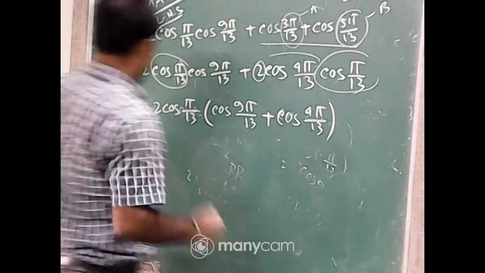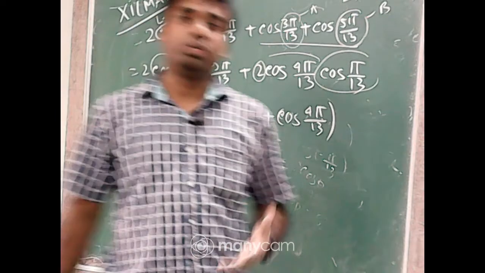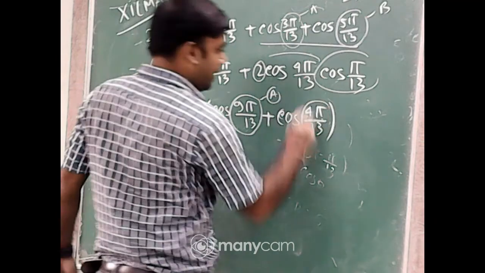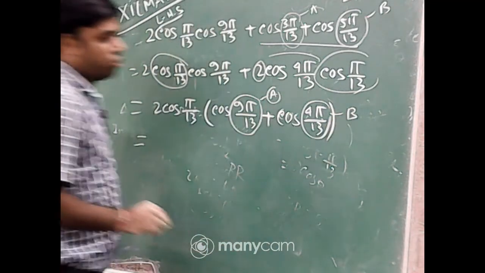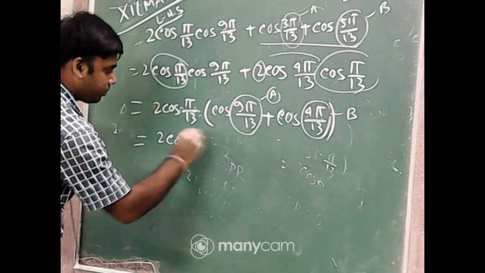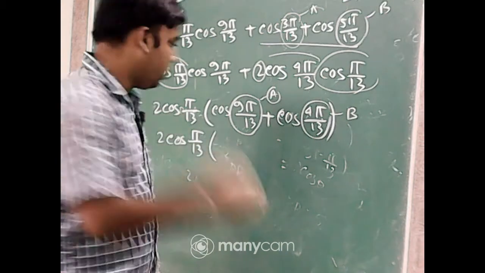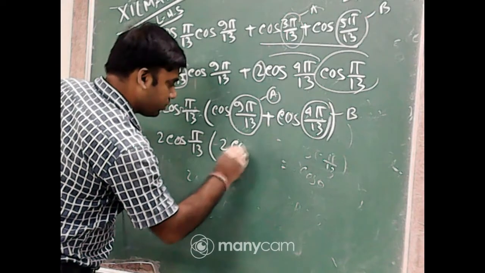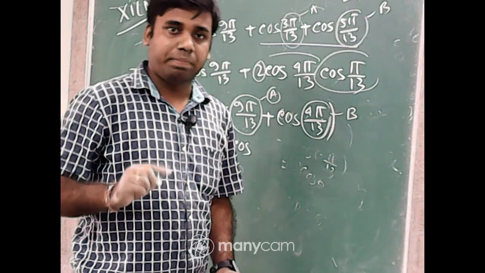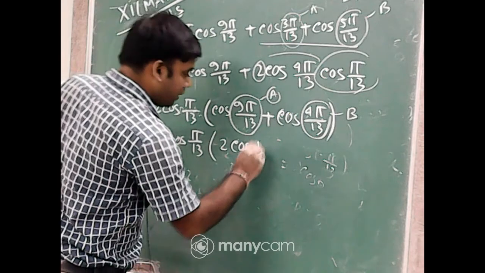Again you have to use the cos a plus cos b formula, taking 9 pi by 13 as a and 4 pi by 13 as b. So cos a plus cos b is 2 cos (a plus b) by 2 cos (a minus b) by 2. 9 pi plus 4 pi is 13 pi by 13, the 13 removes, only pi, and by 2, that is pi by 2.